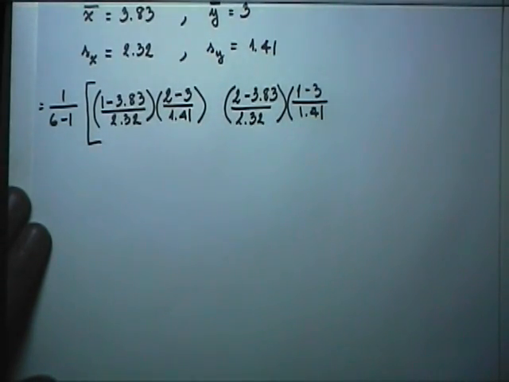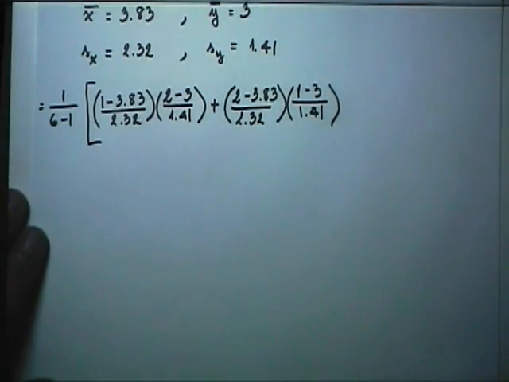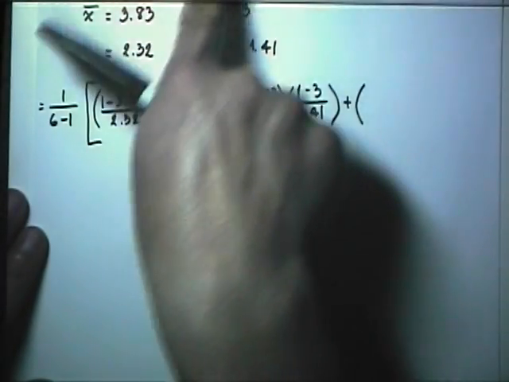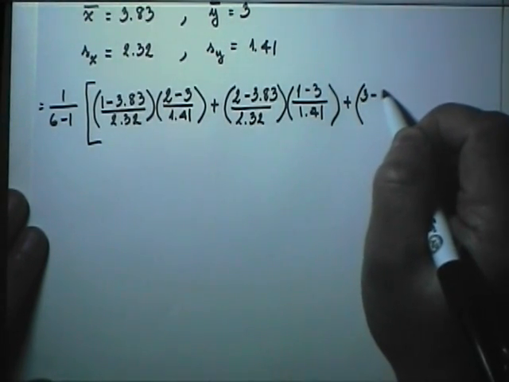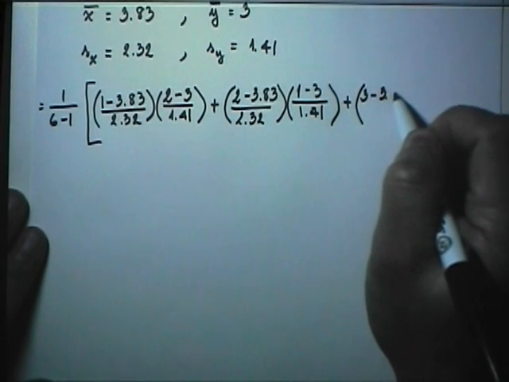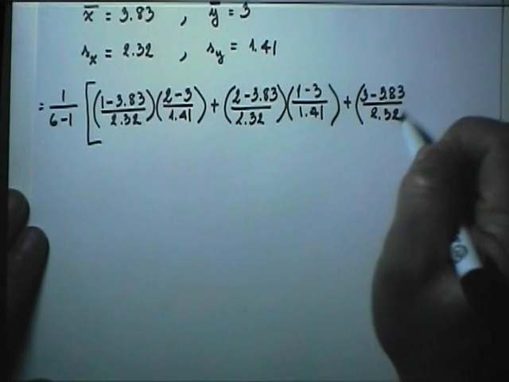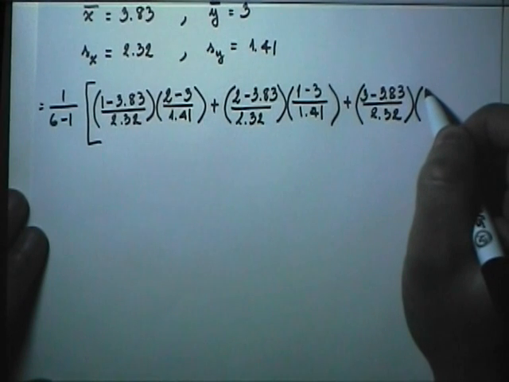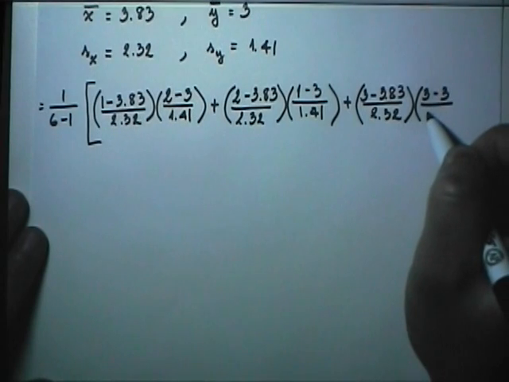Then I add that to the preceding values. Next, my third data point, which is 3 for x and 3 for y. I take 3 for x minus the mean value for x, 3.83, divided by 2.32, and multiply that by the y value of the same data point, which is 3, minus the mean value, which is 3 again, divided by 1.41.